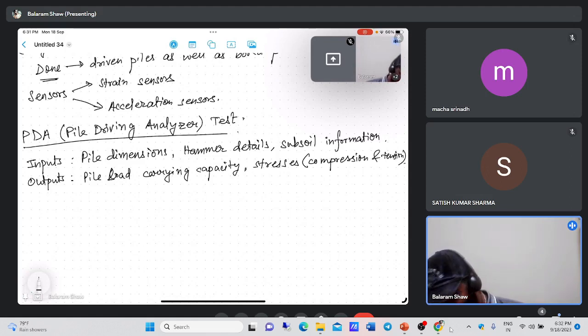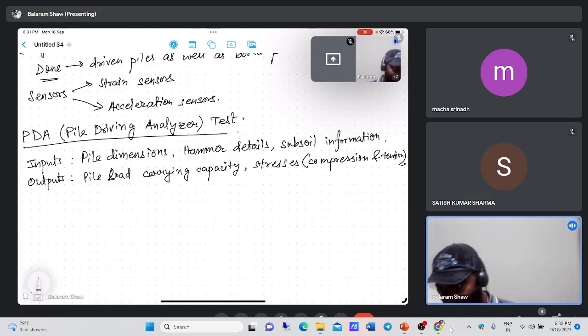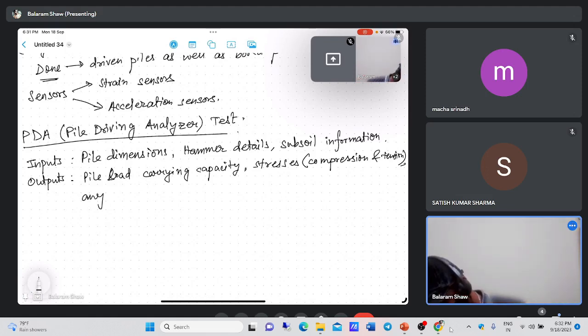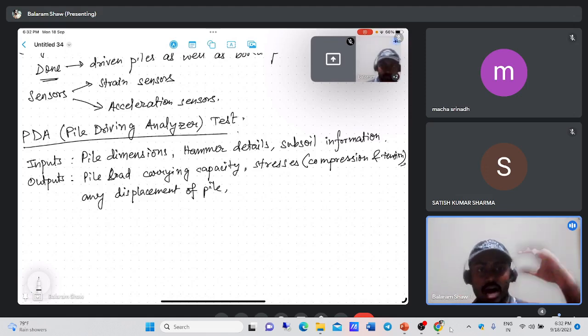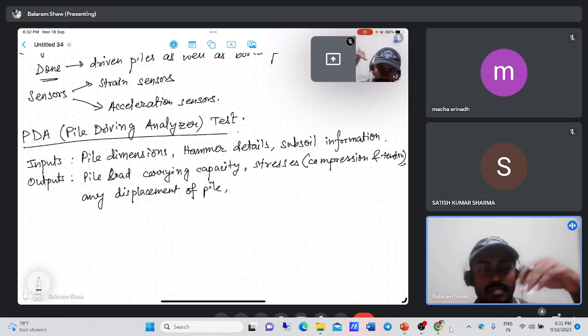Other than that, any strain, what I meant is any kind of displacement: while driving, whether the pile is having any kind of displacement. Then how many blows are required to drive the pile.